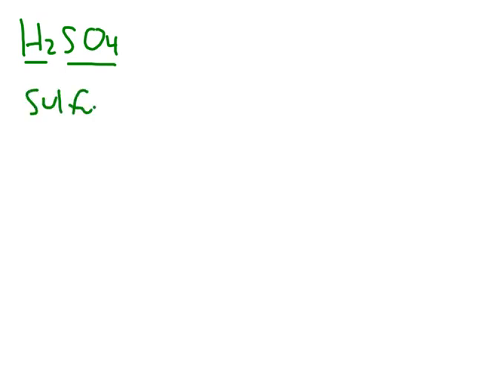So let's see a few comparisons here. If I have H2SO4, naming it by regular convention, it would be hydrogen sulfate, because we know that from our polyatomic naming. Since this ends in ate, it would become sulfuric acid. Ate becomes ic.